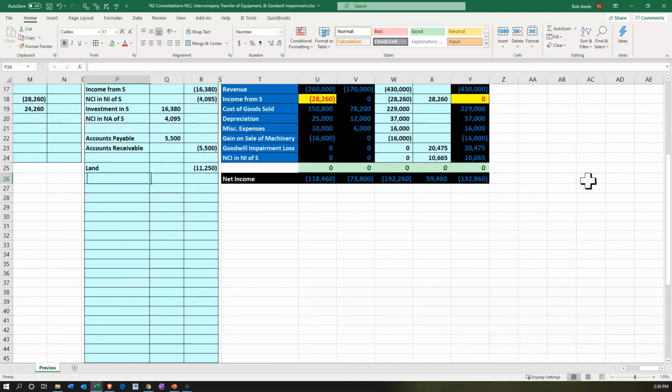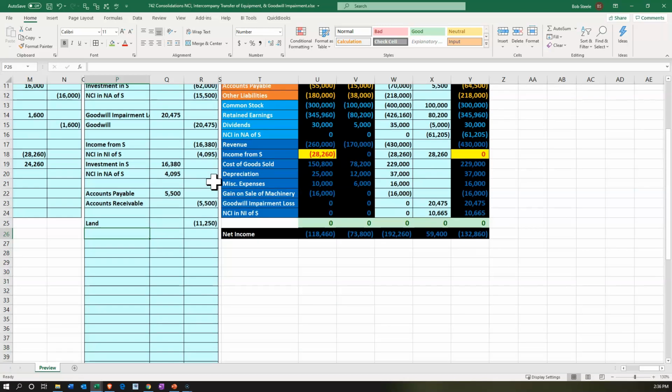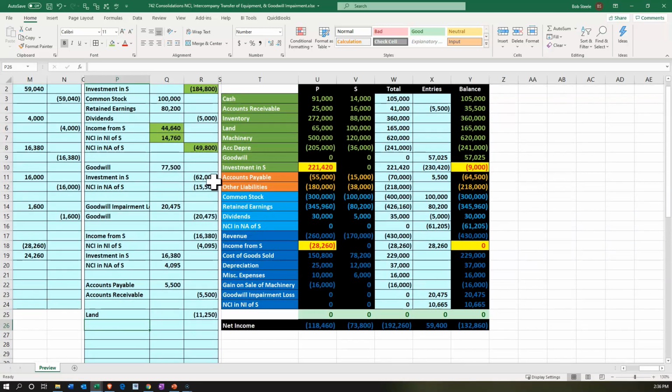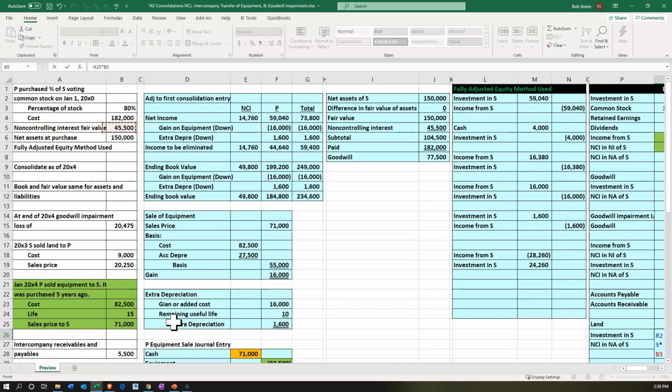Then the other side is not going to be going between the income statement accounts because it happened last year and rolled into, you could think of it like, retained earnings. So it's going to affect the 80-20 breakout, but between the balance sheet accounts, which is going to be equal to the investment account and the non-controlling interest in the net assets, not the non-controlling interest in the net income. I'm going to calculate this as the negative of this number times the controlling interest percent, which is 80%.